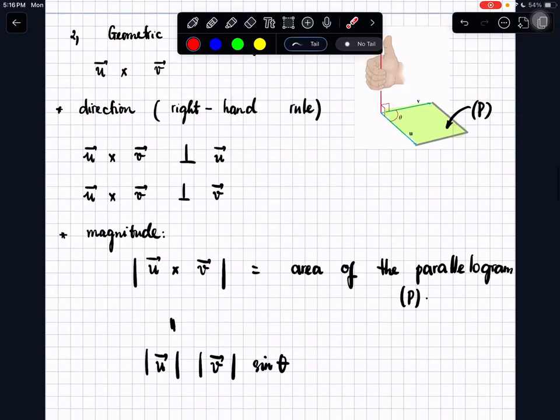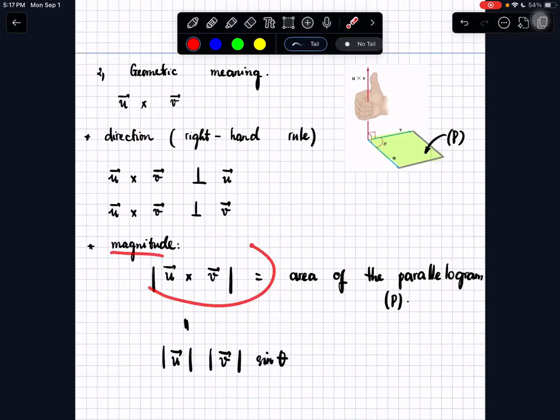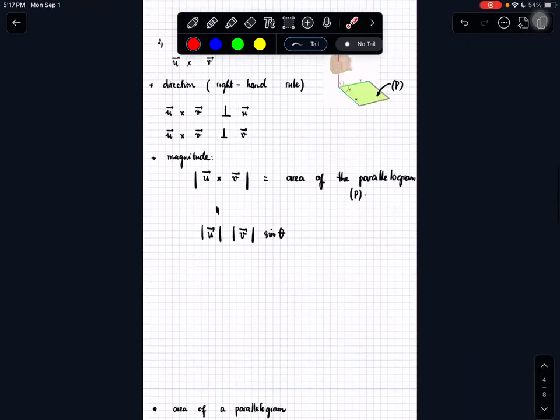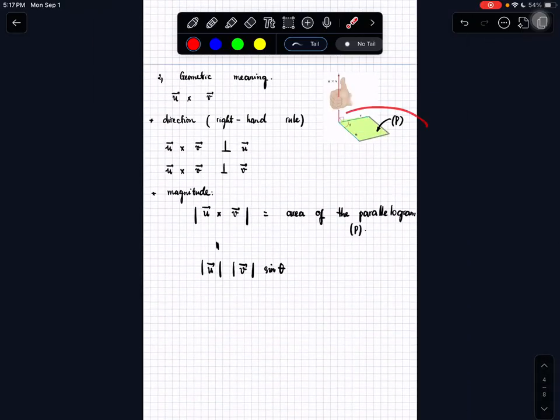So the magnitude of u cross v is computed as length of u times length of v times the sine of the angle between them. Here let me prove the formula for the area of the parallelogram.